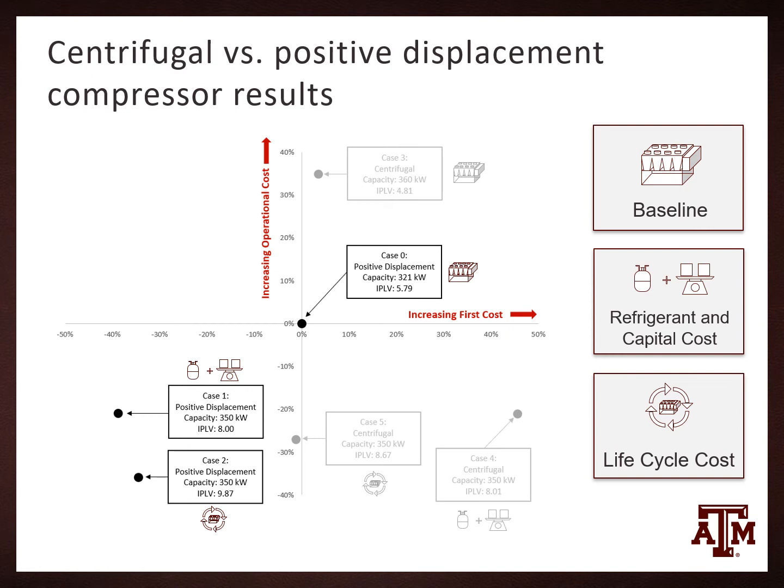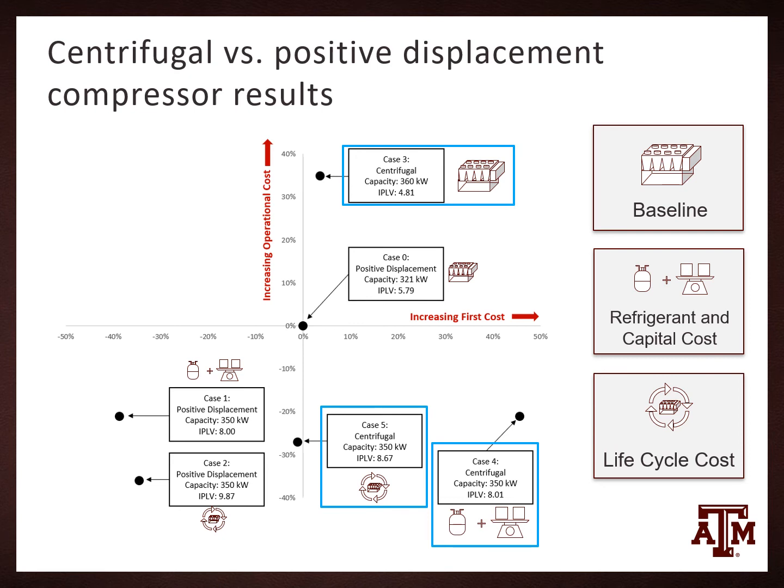Case 2, positive displacement compressor configuration, was optimized for its lifecycle cost while meeting the capacity requirement. The first cost increased slightly while the operational cost further decreased compared to case 1.